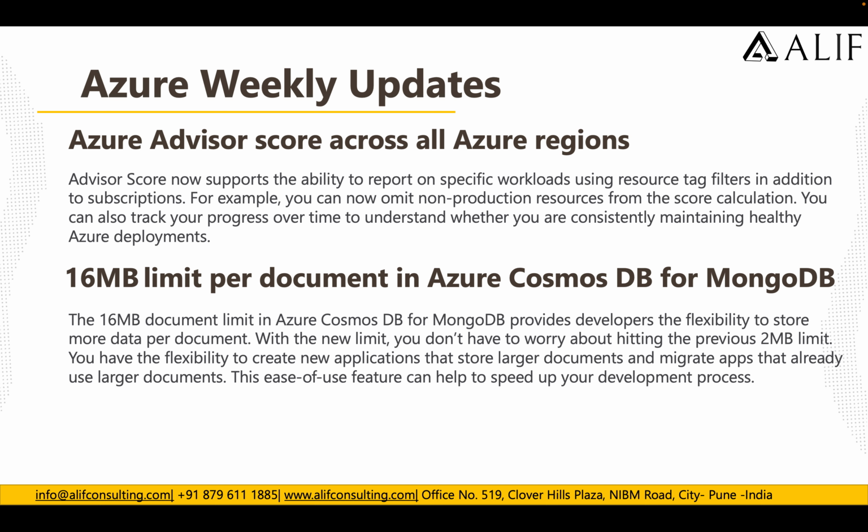With this new limit, developers have the flexibility to store more data per document, right? And with this change, you have the flexibility to create new applications that store large documents and migrate apps that are already using large documents. This ease-of-use feature can help you speed up your deployment process as well.